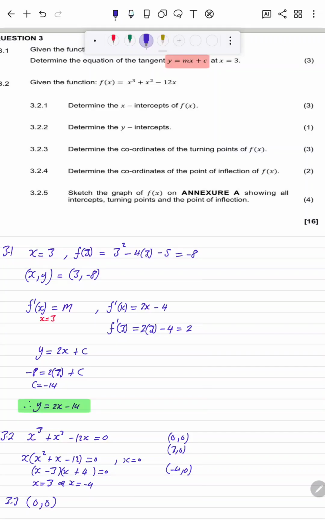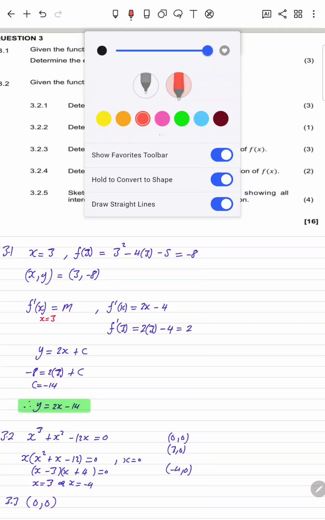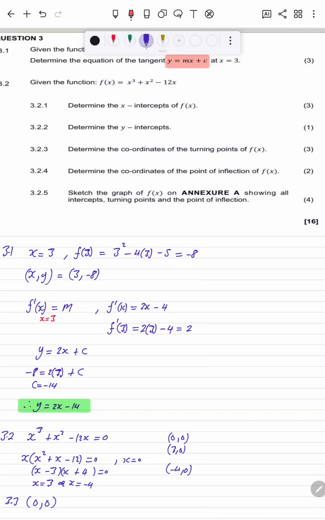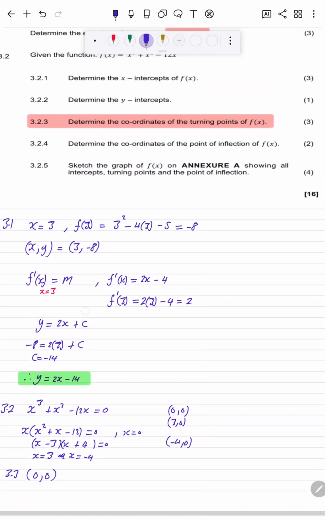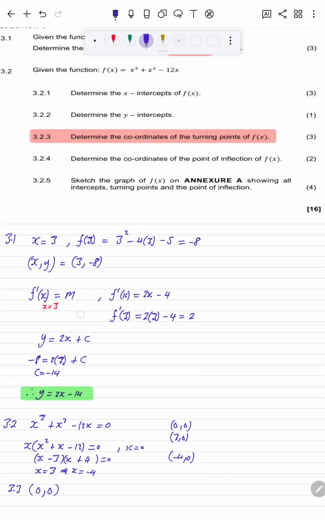Now, here's the question that talks about the applications of derivatives: how to find the coordinates of the turning point of f of x. So let us explain.